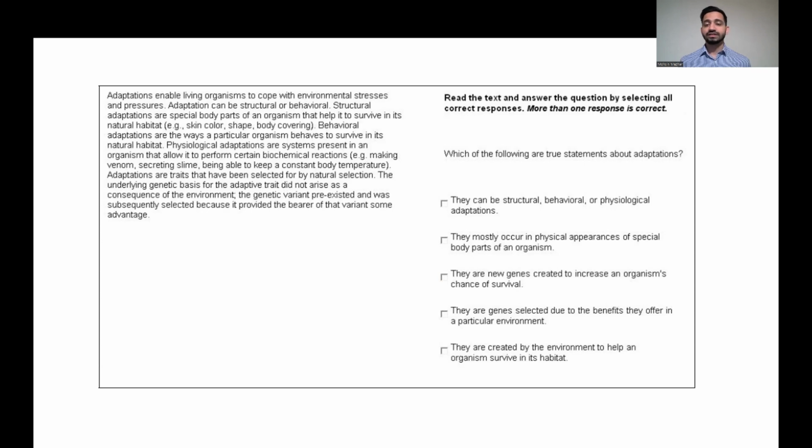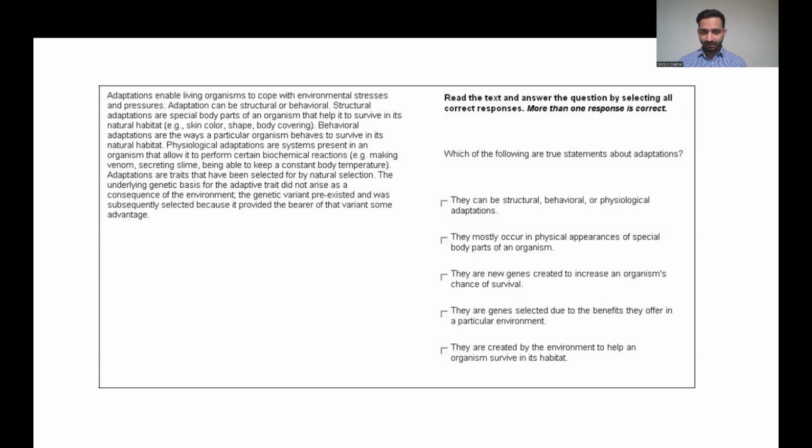So we come across physiological adaptations as well. So option number 1 will be correct in this case because they're structural, behavioral or physiological adaptations. So we are going to take that as correct. Number 2 cannot be correct because it talks about mostly occurring in physical appearances. It doesn't really say that so far, but we'll read on.